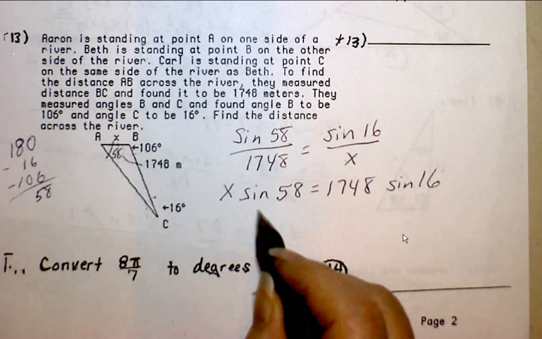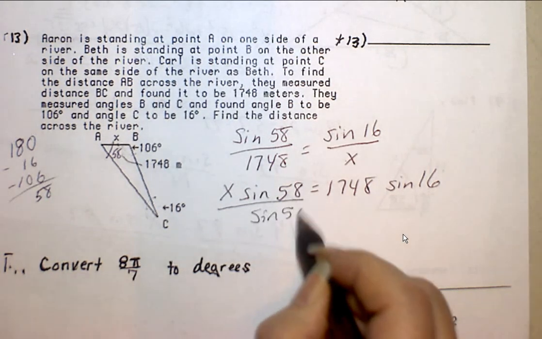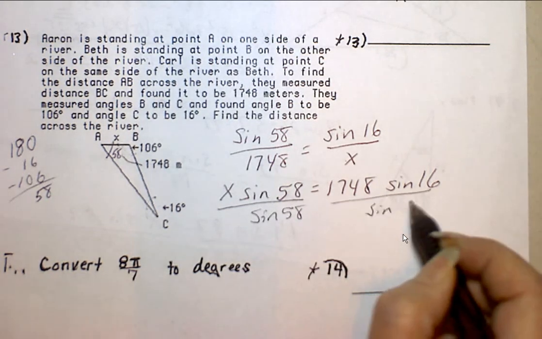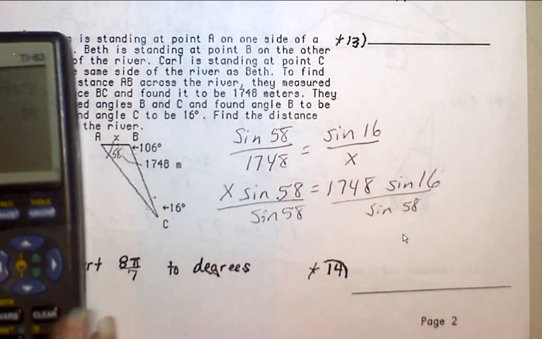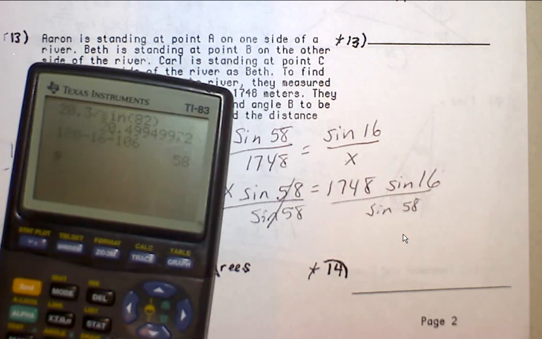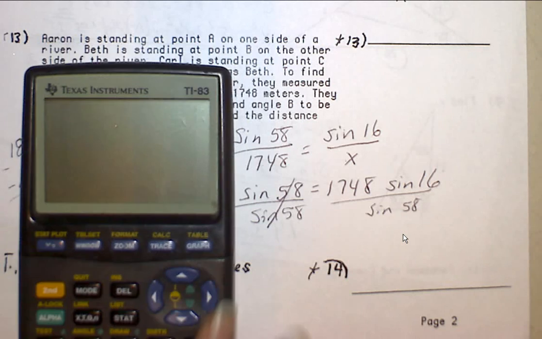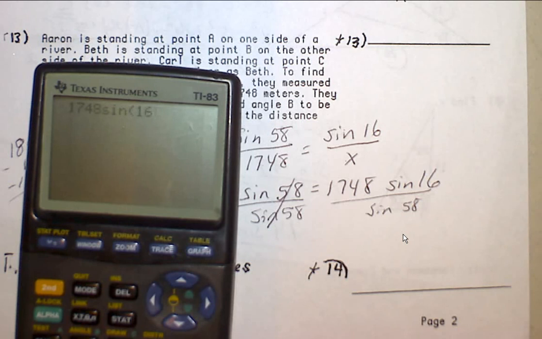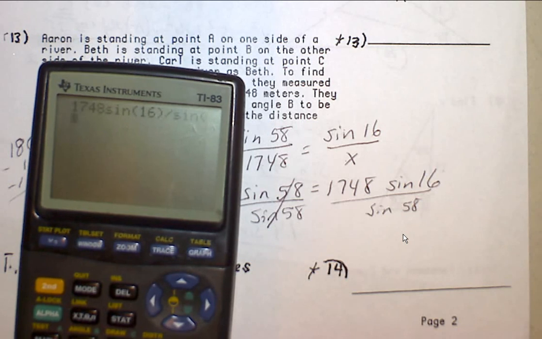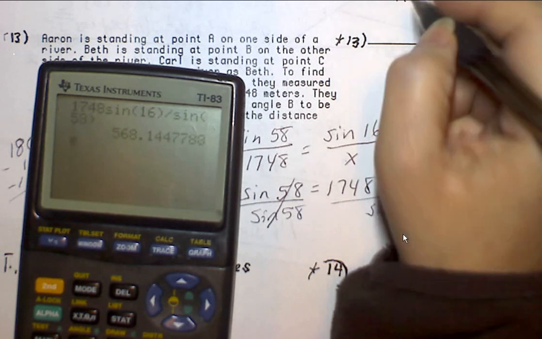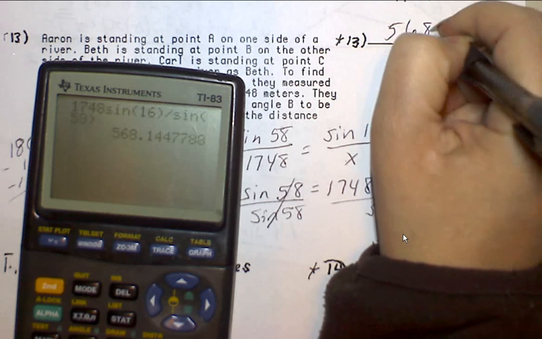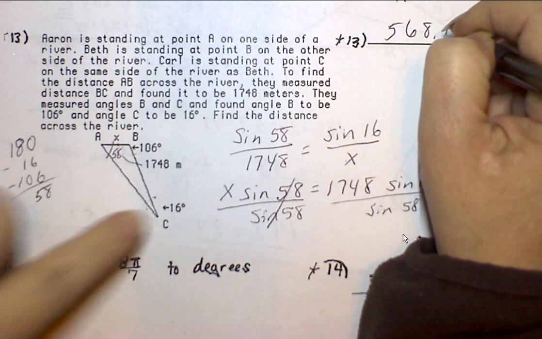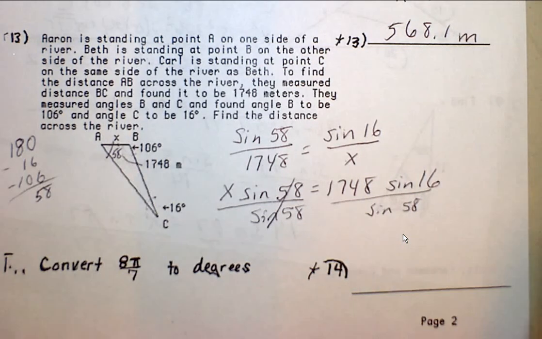And then I'm going to divide by sine of 58. That's gone, so I just put the other in my calculator. 1748 sine 16 divided by sine of 58 gives me 568.1, and the side is in meters.